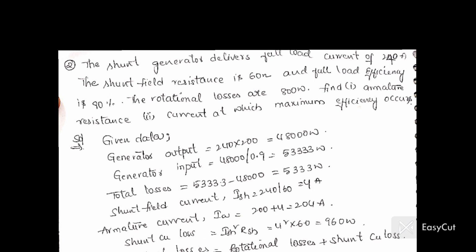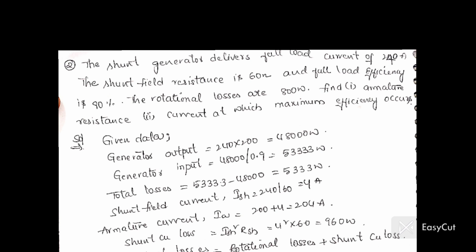Let's solve step by step. Step 1. Generator output. Output power equals voltage times current. So generator output equals 240 multiplied by 200, which is 48,000 watts. Step 2. Generator input. Since efficiency equals output divided by input, we can rearrange the formula to find input power.